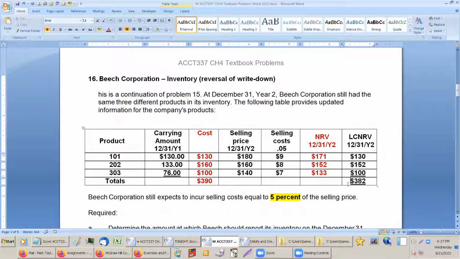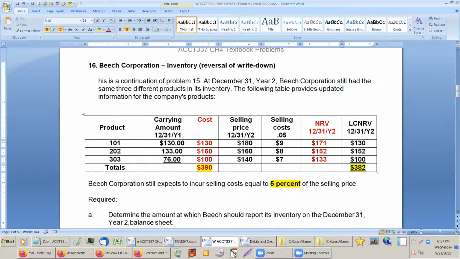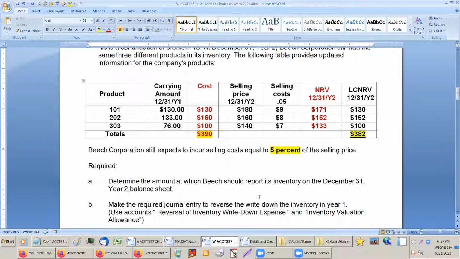Okay, so we have recovered some of our loss up here. Determine what amount they should have the inventory at on the balance sheet date.